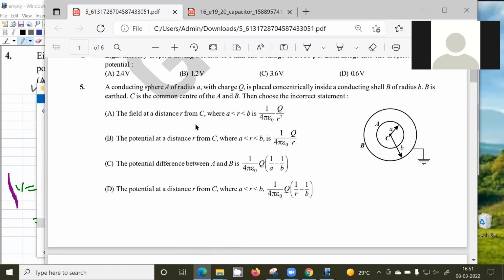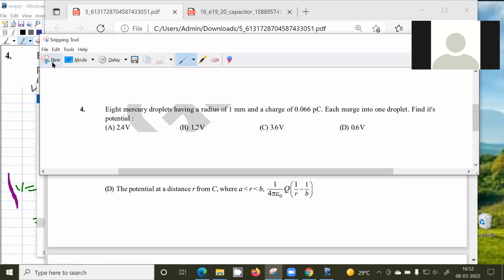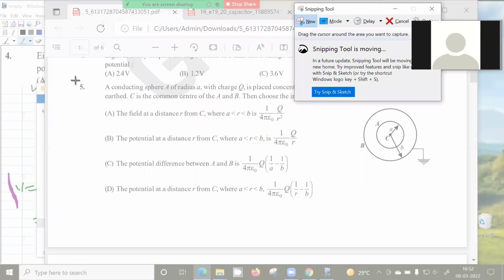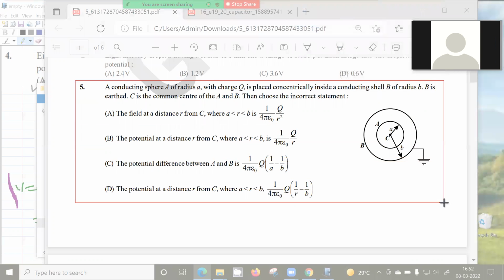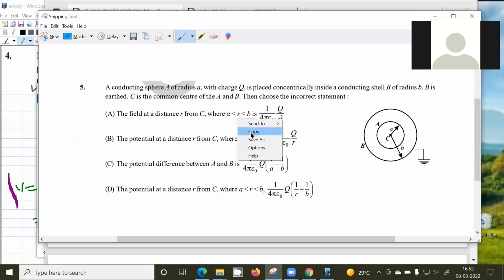The field at a distance R from C. So the situation here will be plus Q on the inner sphere. Inside that, the electric field will be 0 only, at point C.